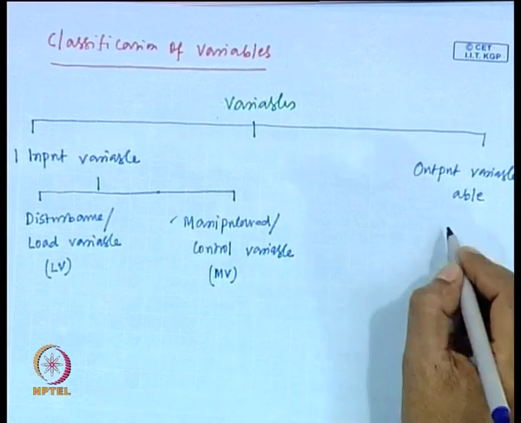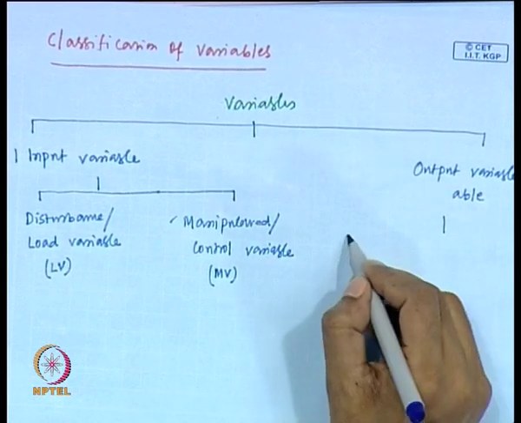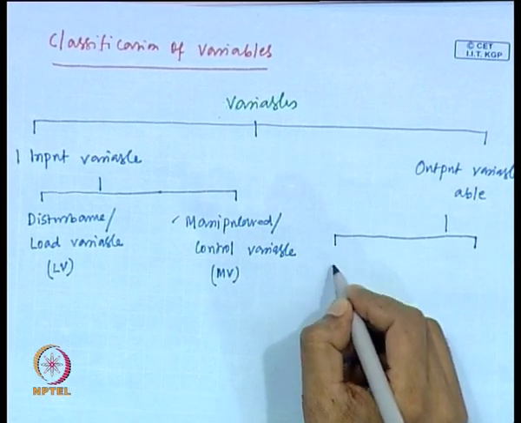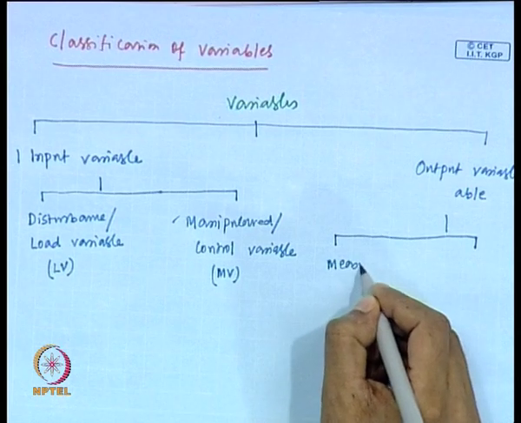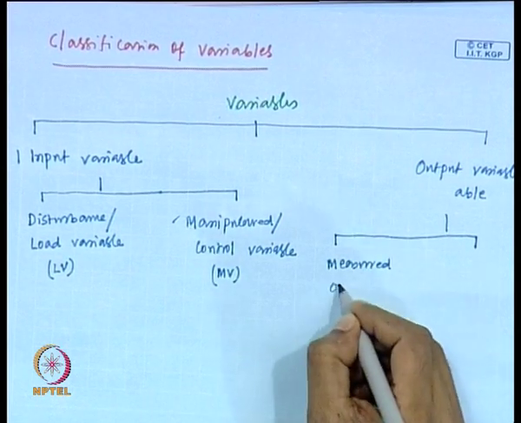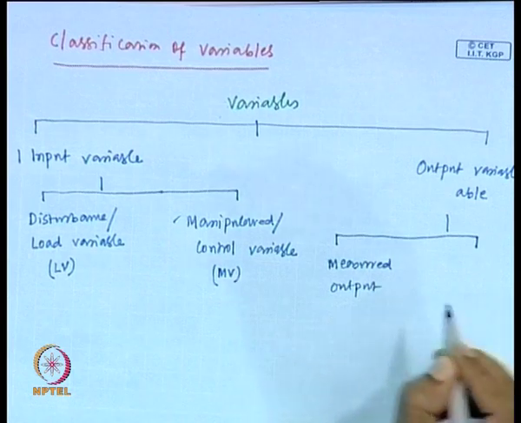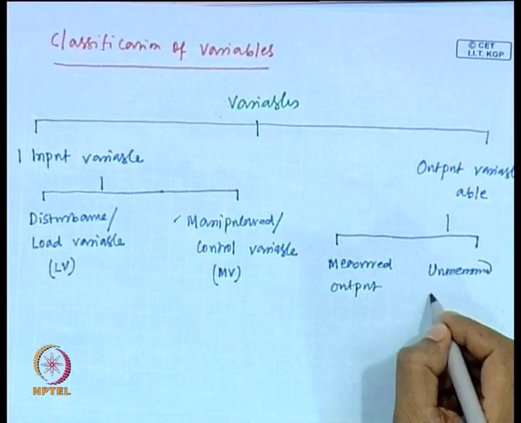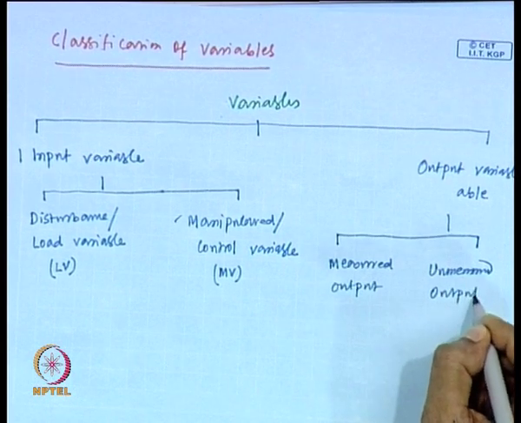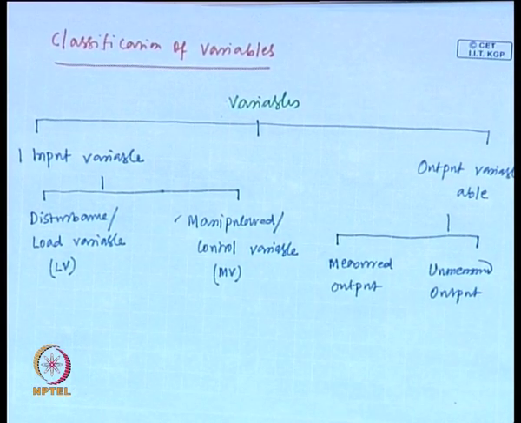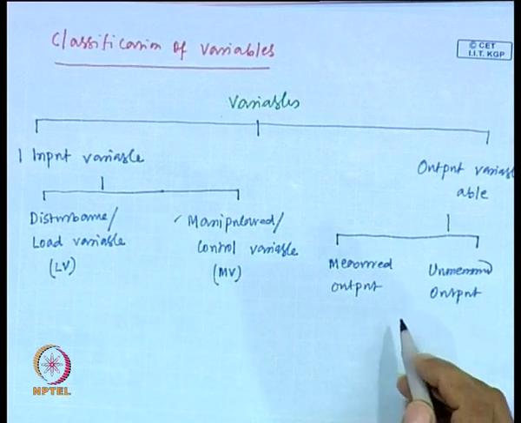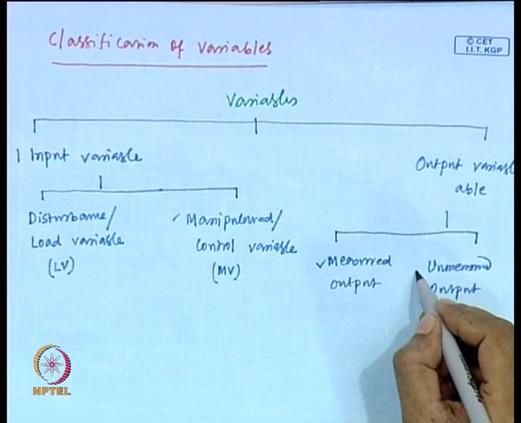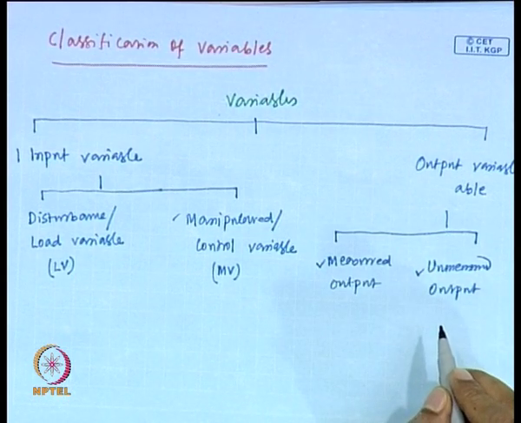Similarly, the output variable is again of two types, one is measured output and the second one is unmeasured output.